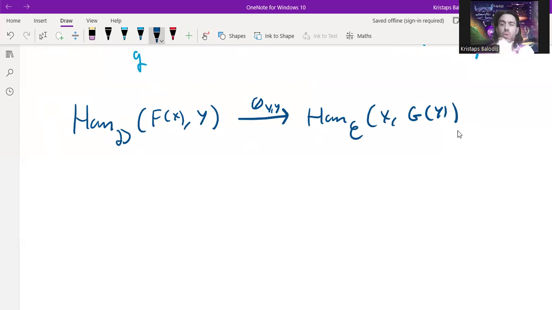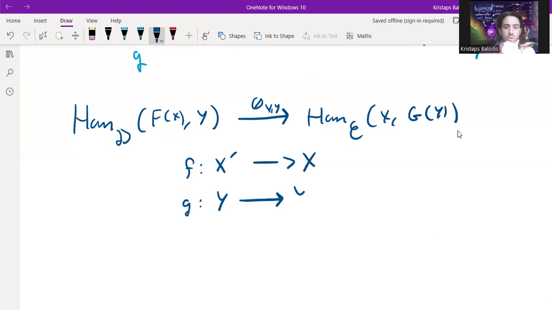So in order for this to be somehow natural, to respect the functorial nature, I should be able to make different choices of morphisms. So in particular, what I'm going to need here is, and you'll see why maybe I chose this in a second, suppose I had a map from X prime to X, so that map's going to go that way, and G goes from Y to Y prime.